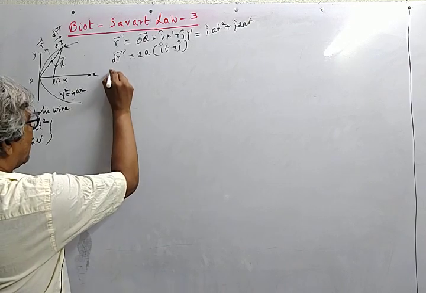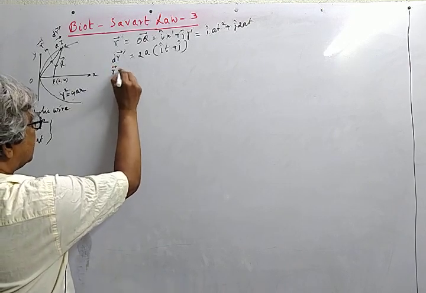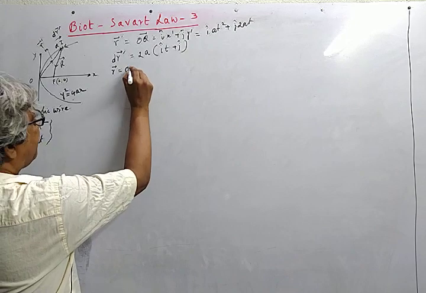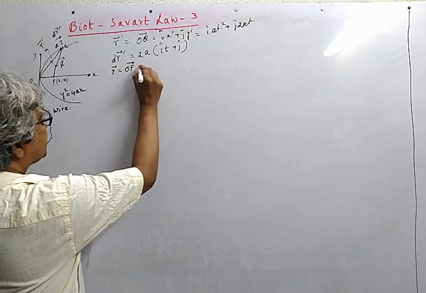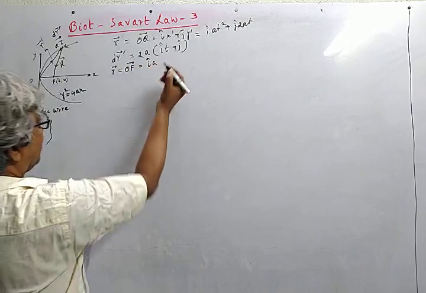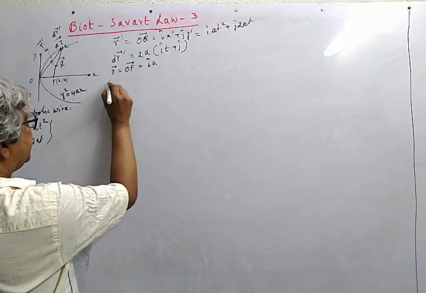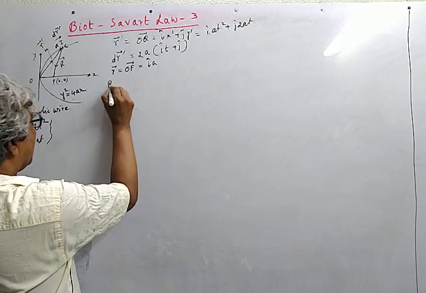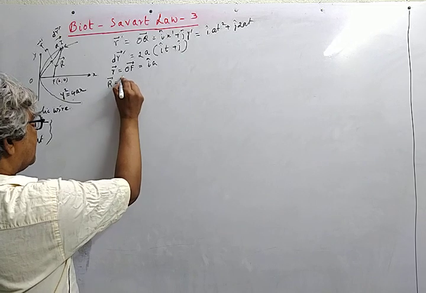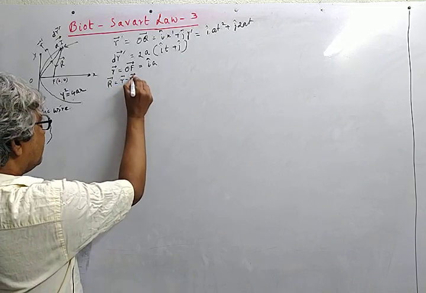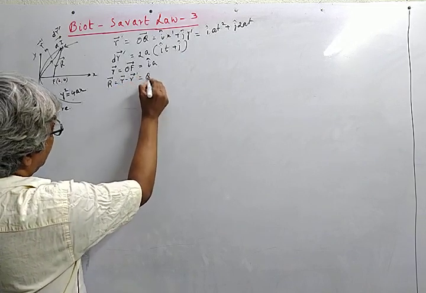The field coordinate R is OF, and this is simply i cap a. And so we need to calculate the relative coordinate R equal to R minus R prime. This is QF.